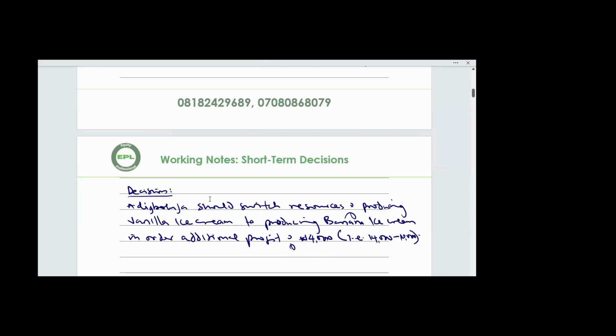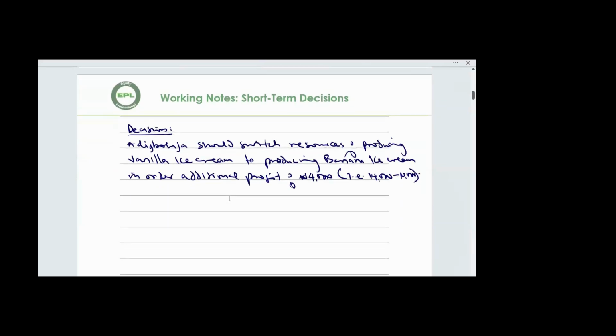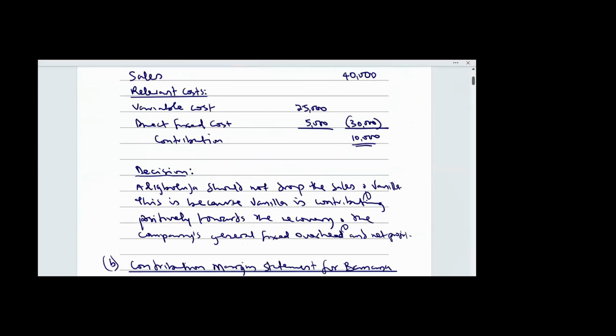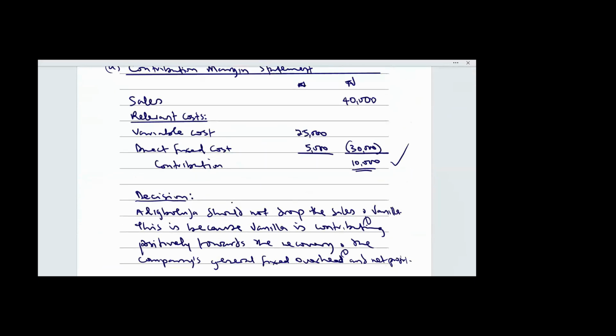So far, any question? Before we go to the C part of the question, we talk about qualitative factors. Any question? Please, how did you get that 10,000? 10,000 is the contribution we got for vanilla. You know, in vanilla, our contribution is 10,000.